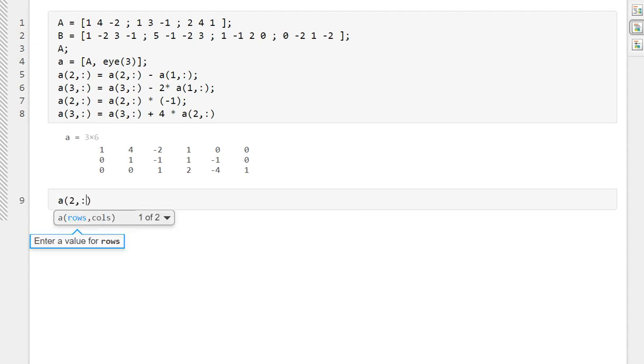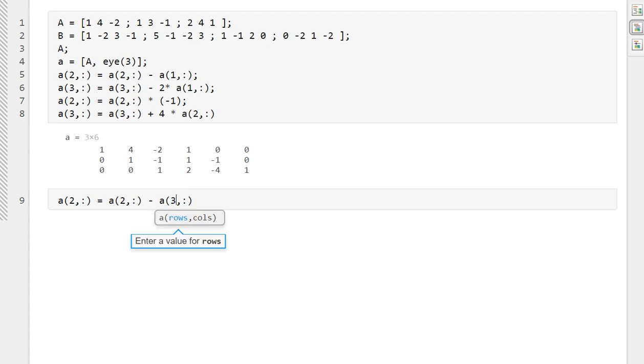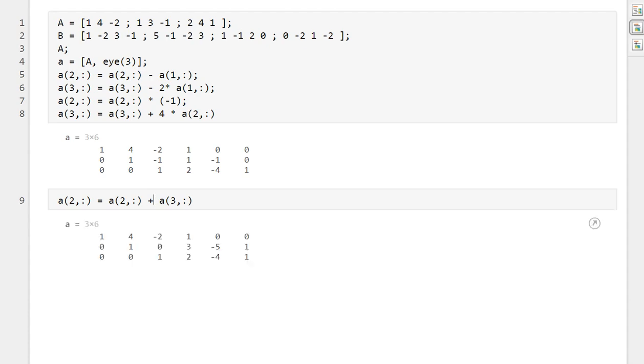So for rows 2 and 3, I can copy paste in. I need row 3 to be added to row 2, and the result to be put in there. And now I have my first zero above the last pivot there.